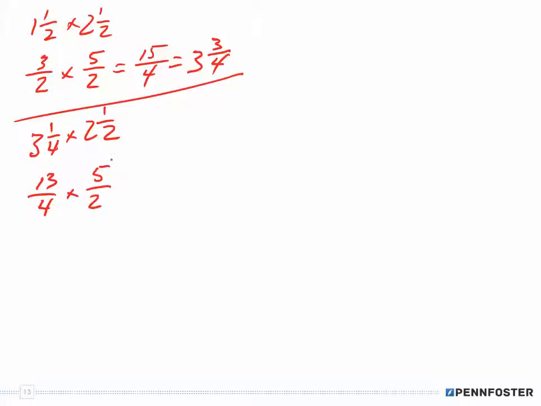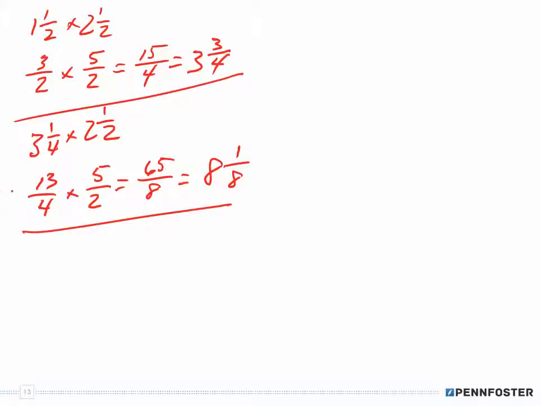I multiply across my numerators: 13 times 5 is 65, 2 times 4 is 8. 8 can go into 65 8 times. That's 64, from 65 gives me 1 left over, and 8 in the denominator. So I need 8 1/8 cups of flour.